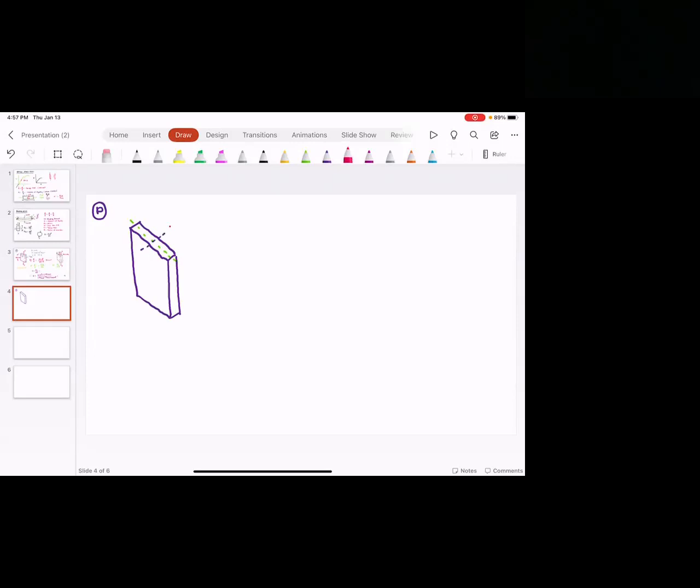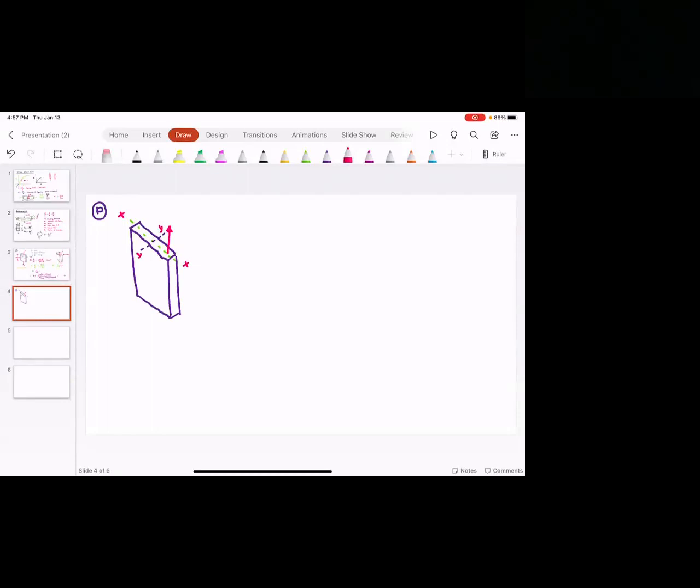You can make this as complex as you want. You can have eccentricity along X, along Y, or along X and Y. So I'm going to call this X, and I'm going to call this Y.